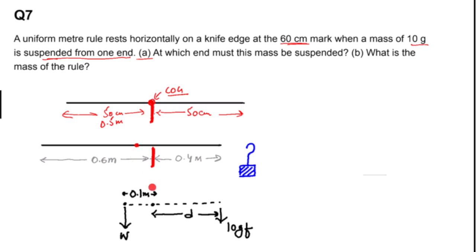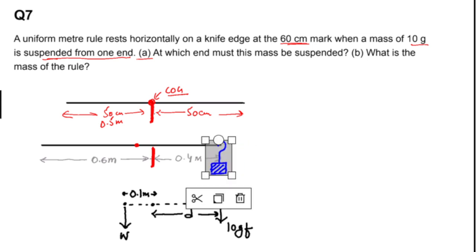It will swing it like this, or an anti-clockwise movement will be generated by it. For that, we need to cancel this effect. We will hang it at this end. Now due to this 10 gram mass, a clockwise movement will be generated, and then it can balance the anti-clockwise movement from the weight of the scale.